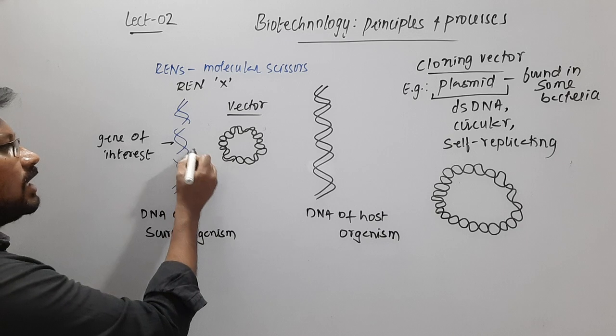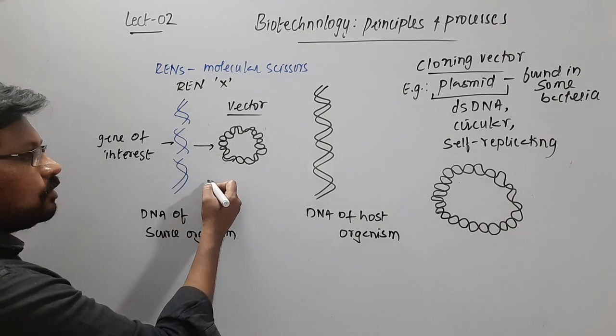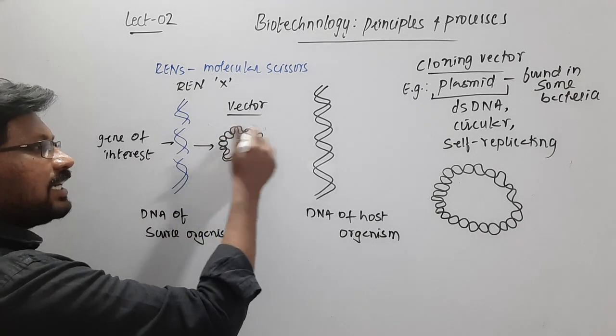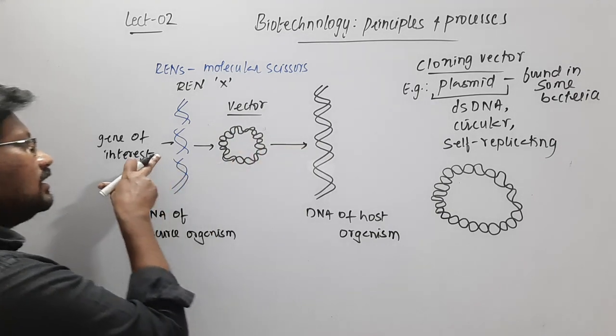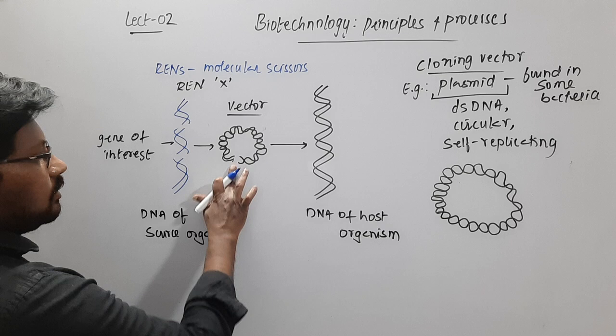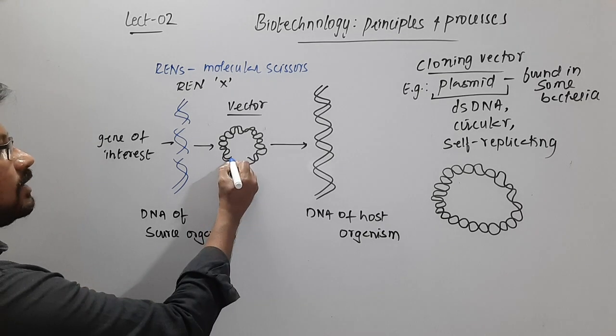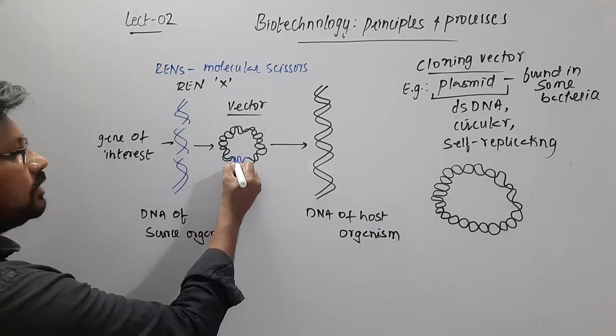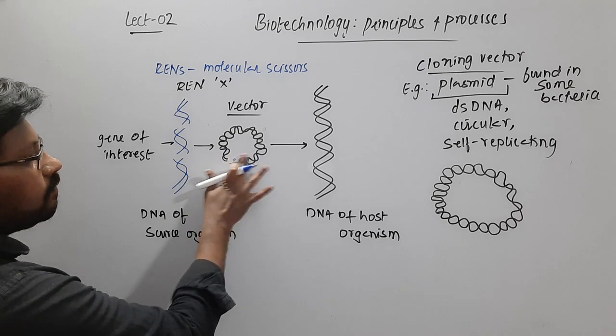Okay, I need to link with this vector, and then use this vector to deliver this gene of interest into the DNA of the host organism. So that's what I'm going to do here. I'll make a cut, and then I'm going to introduce that.